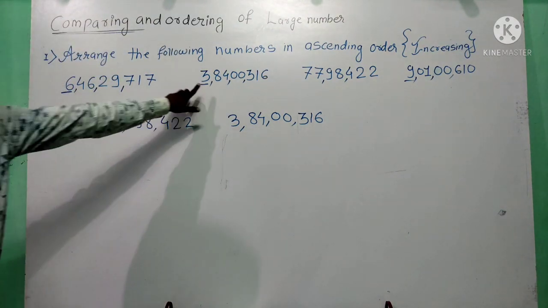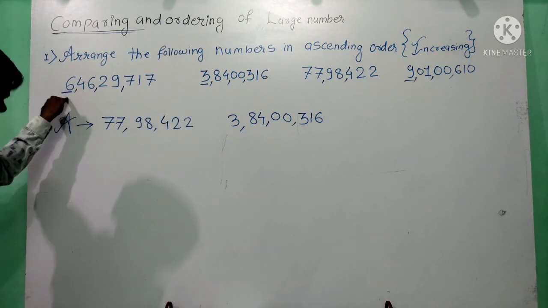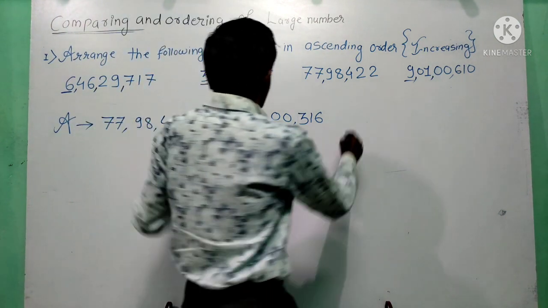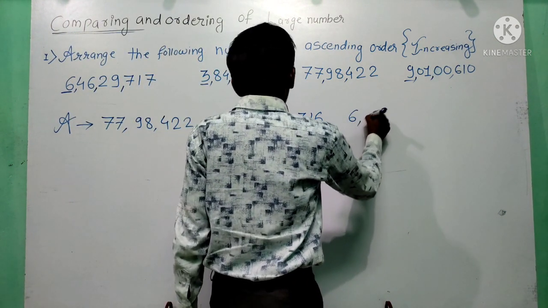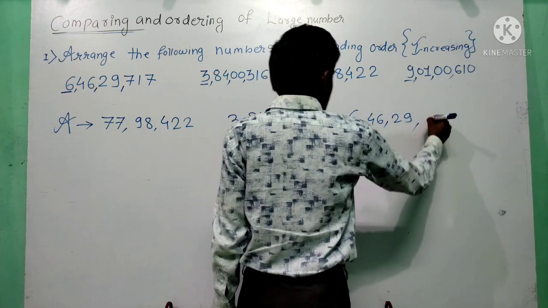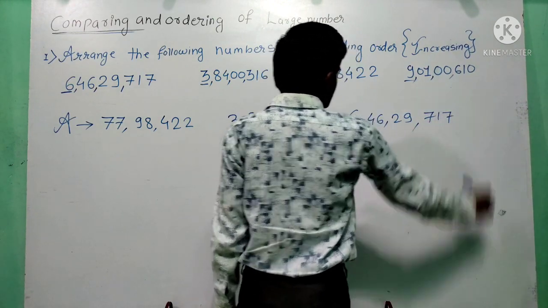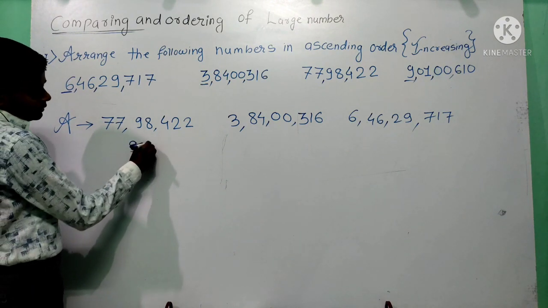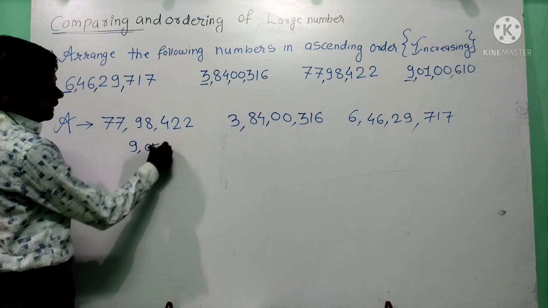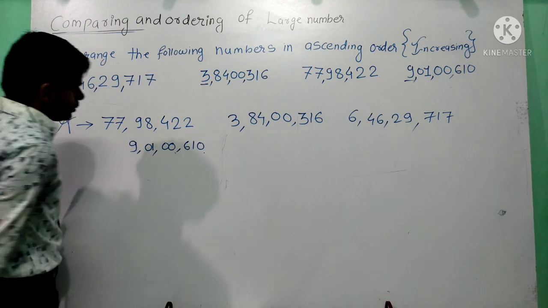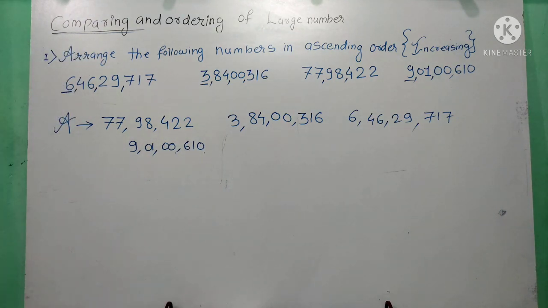Because 3 is less than 6 and 6 is less than 9. Okay, so we will take this one, which is 6 crore 46 lakh 29,117. And then the last one, which is 9 crore 1 lakh 610. Okay, so in this way you can write the numbers in ascending order.